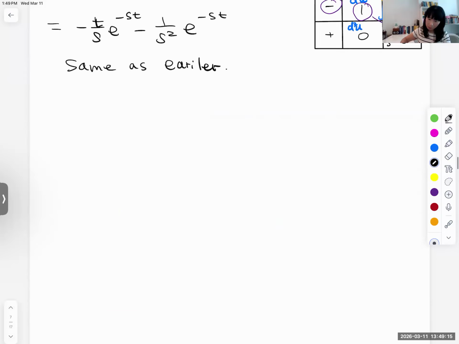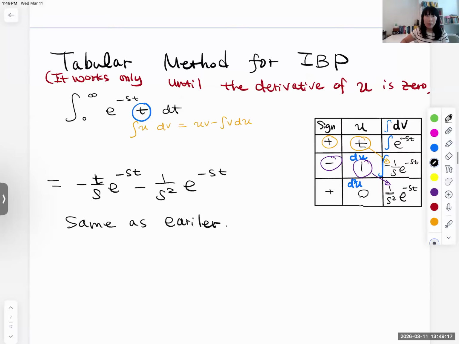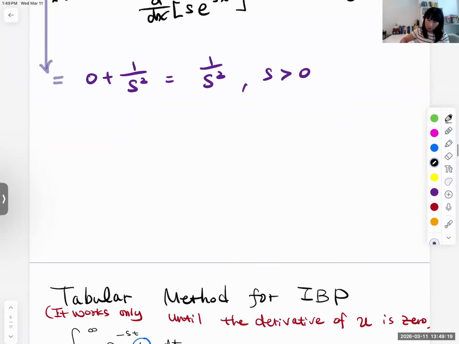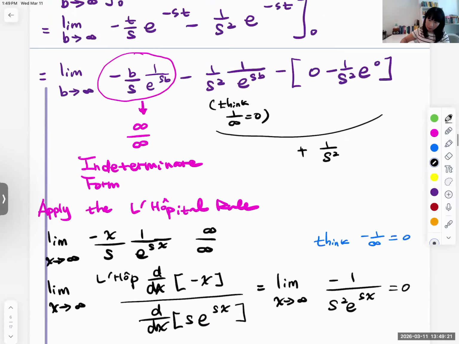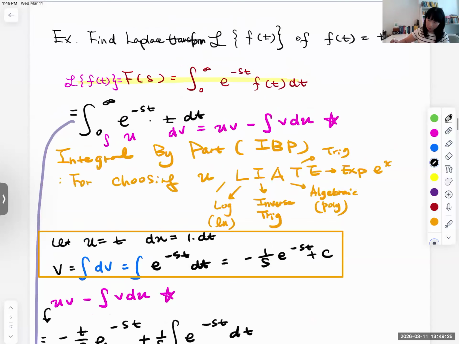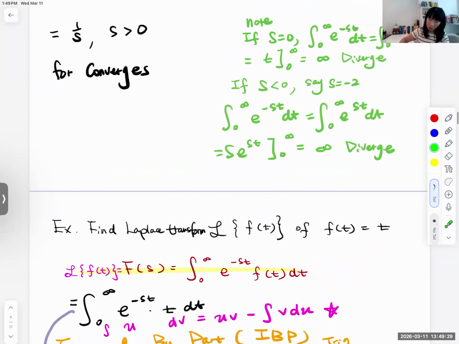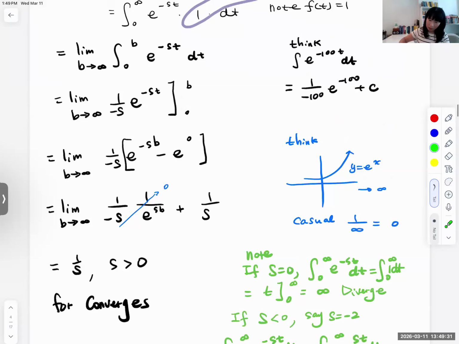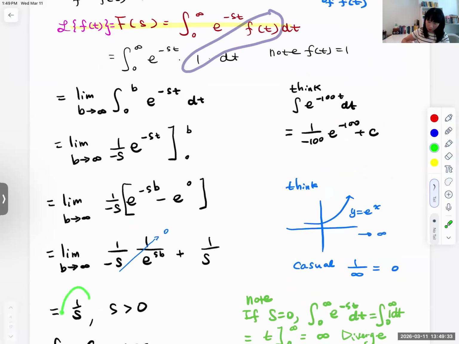Previously, yeah, so this one, I think, yeah. We have 1 over s, and then we set it up as positive, right?